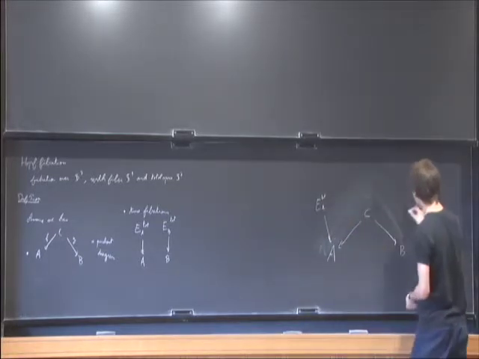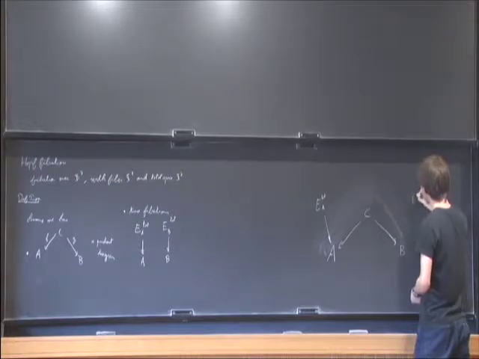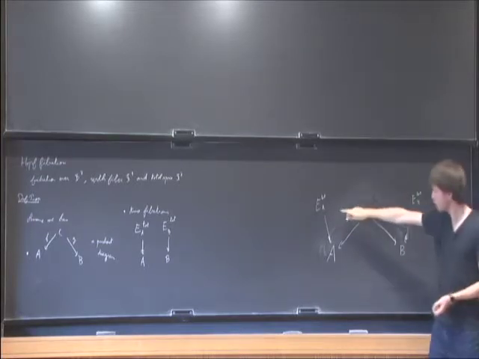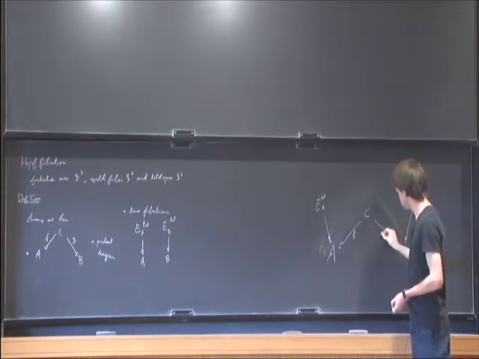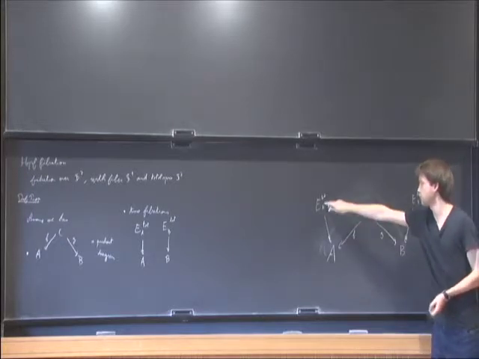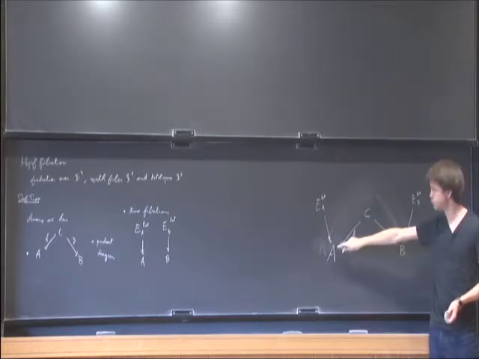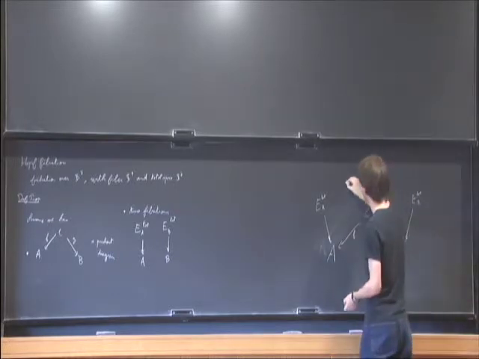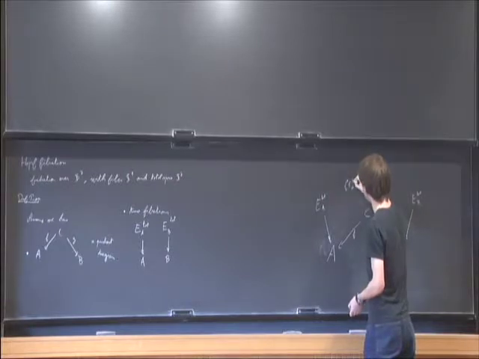So I have a fibration over A, a fibration over B, and then I can pull back the fibration over A. I can pull the fibration back along F. So I get some F star of EA.